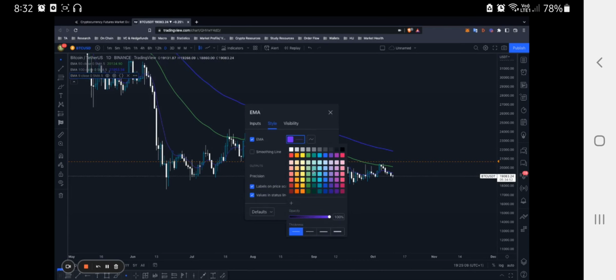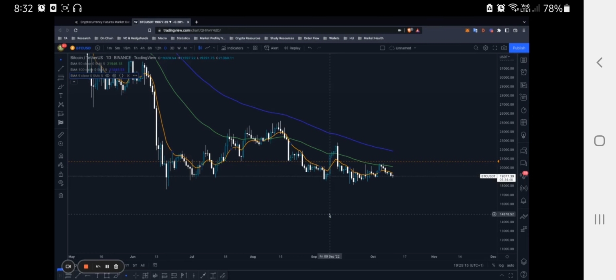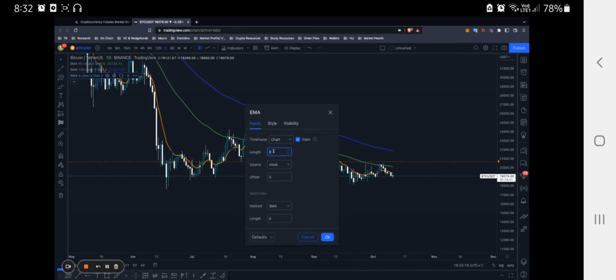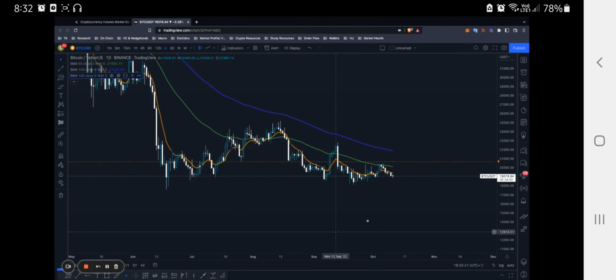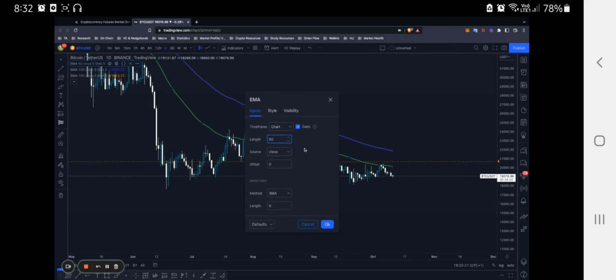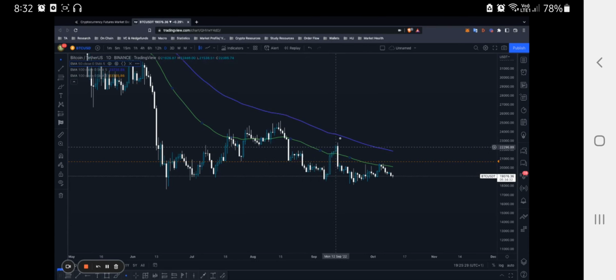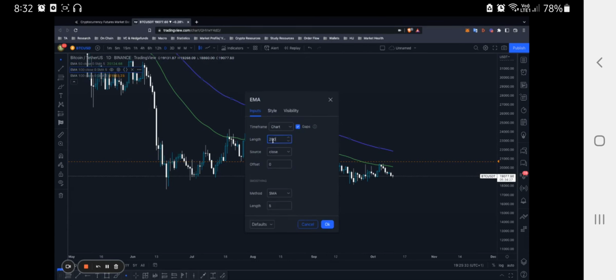Why not 250? Why not 25? You can use anything. Feel free. Use whatever you want. This one should be 100. Oh no, sorry. It should be 200. One sec. Change one of them to 200.